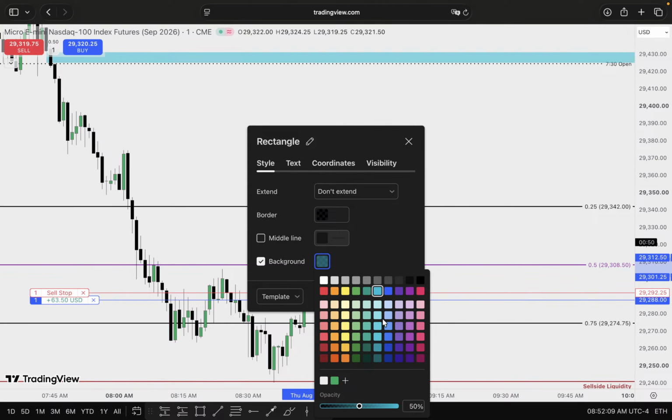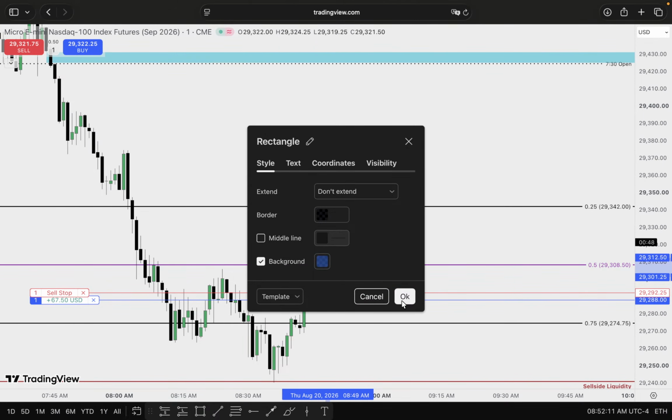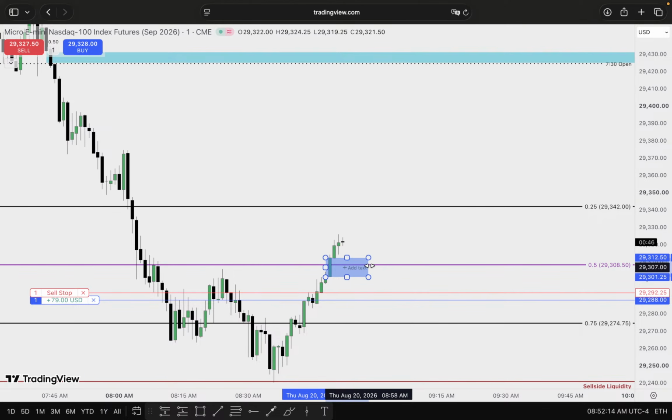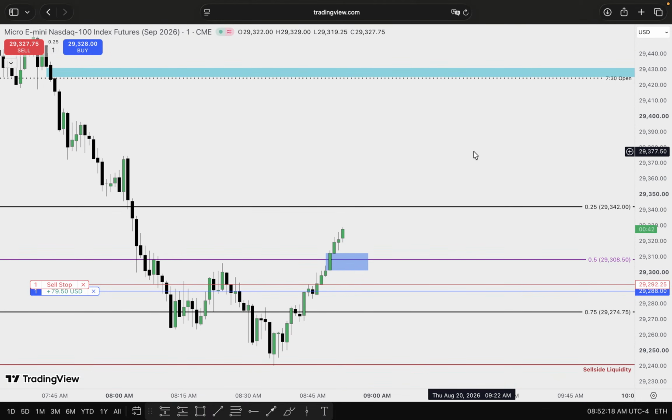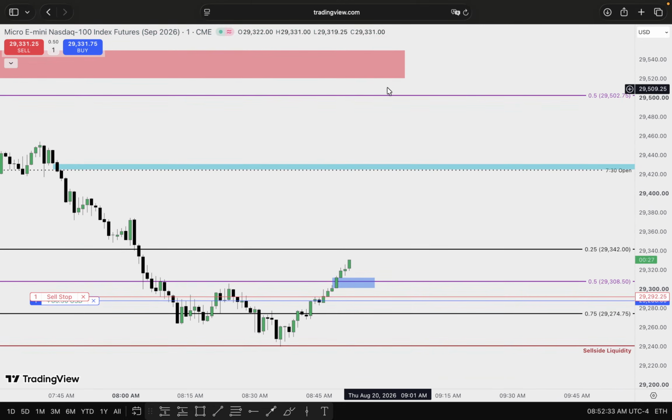Let me see what we got. But it is the macro, so we're gonna see if we wanna continue up in here. And I'm thinking that, man, this could be a banger of a trade, like literally all the way up into here.